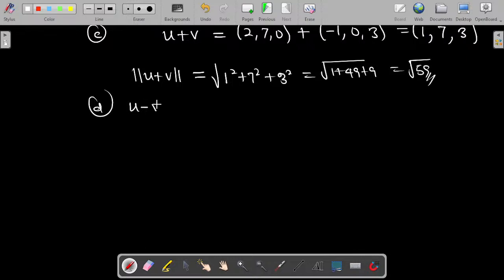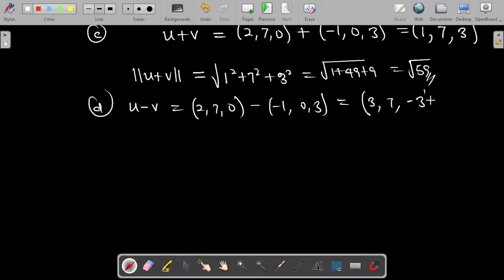Our u minus v will be equal to (2, 7, 0) minus (1, 0, 3). And so if you subtract, 2 minus 1 will give us 3. 7 minus 0 is 7. 0 minus 3 is minus 3.